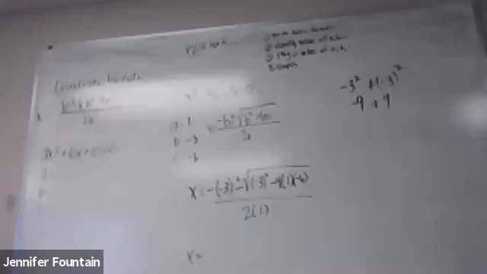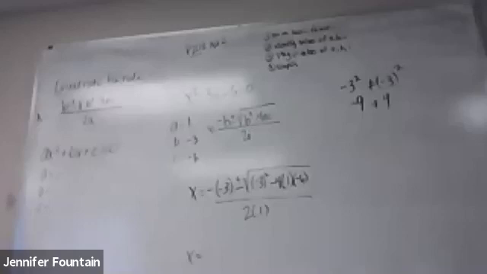What can I cancel here? What would it become? Good, so 3 over 2, plus or minus. Now, what can cancel with 2 and 4?